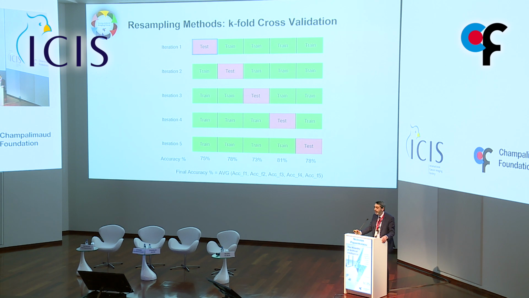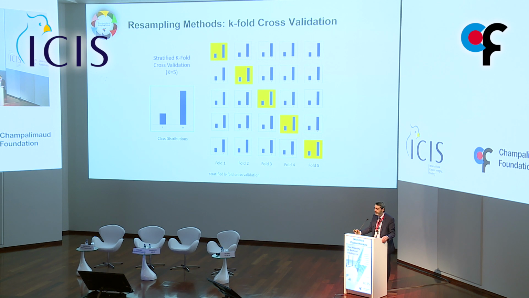Basically, according to this algorithm, what we are trying to do is to divide the entire data set into K partitions or folds, keep out one of them for testing, and utilize K-1 folds for training. In this way, all the data have the possibility to be part of the testing or training process.